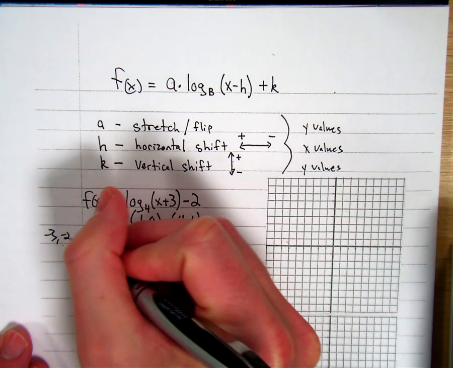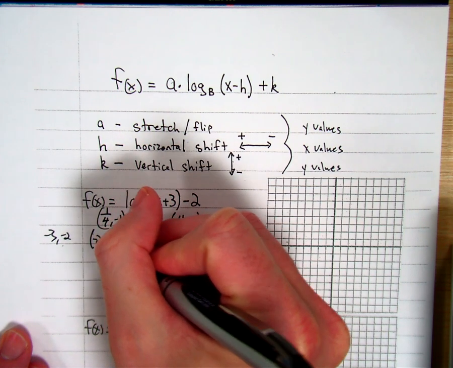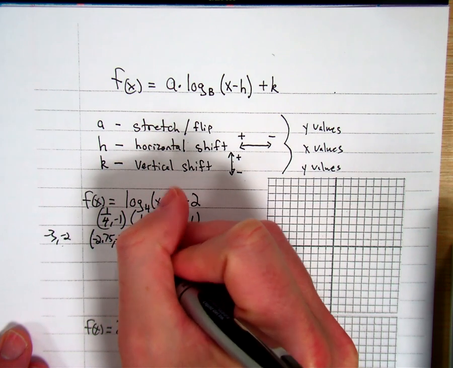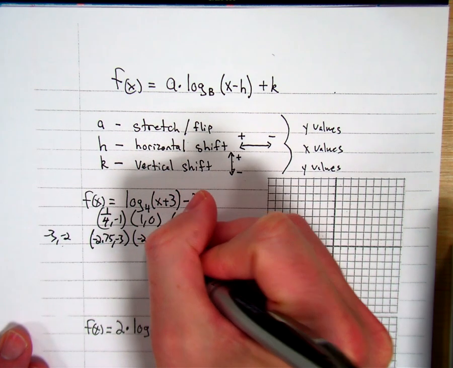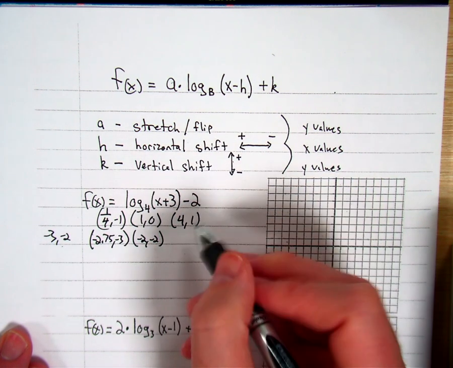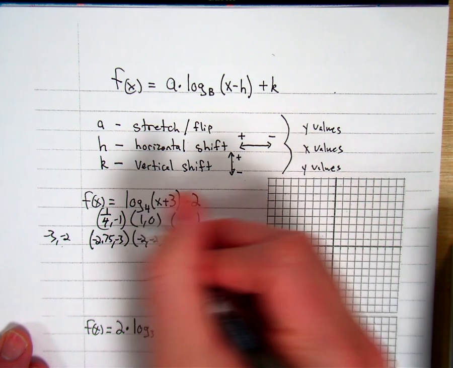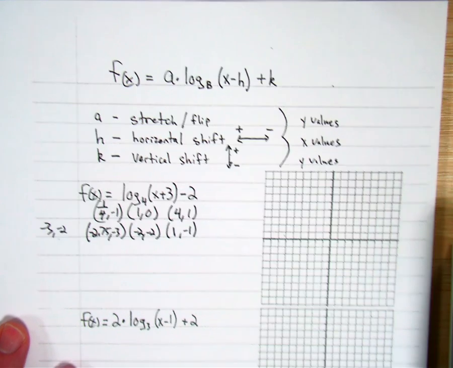So we are going to minus 3 and then minus 2. So 1/4 minus 3, we're going to have negative 2.75. Minus 1 minus 2 is minus 3. 1 minus 3, we're going to have a negative 2 there. 0 minus 2, we got a negative 2 there. 4 minus 3, 1. 1 minus 2, negative 1.